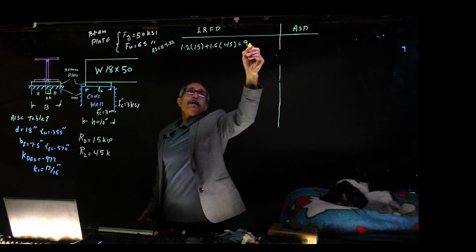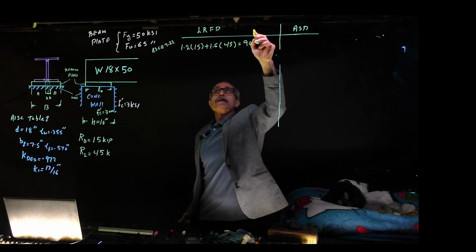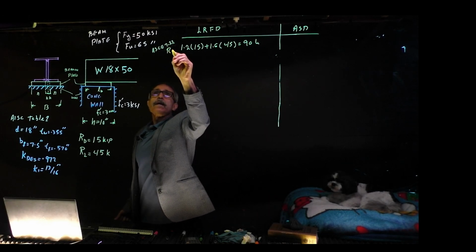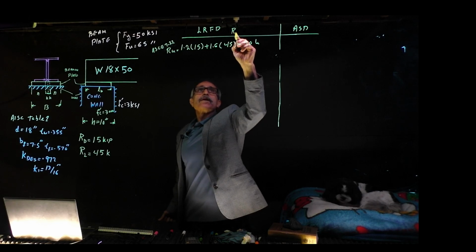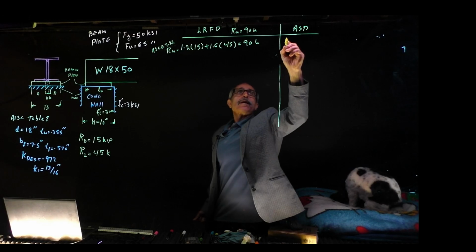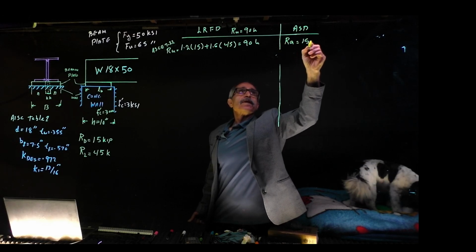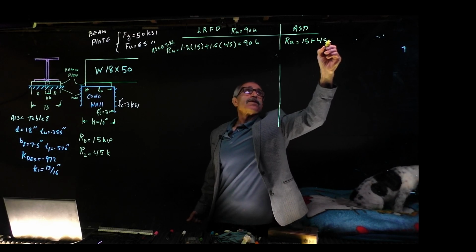That equals 90 kips, so Ru is equal to 90 kips, and Ra is equal to 15 plus 45, and that equals 60.